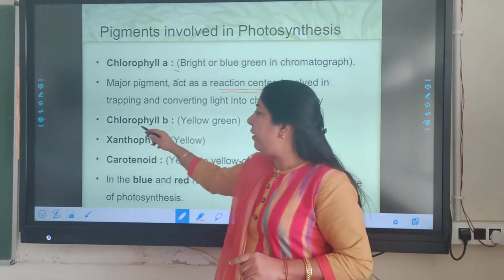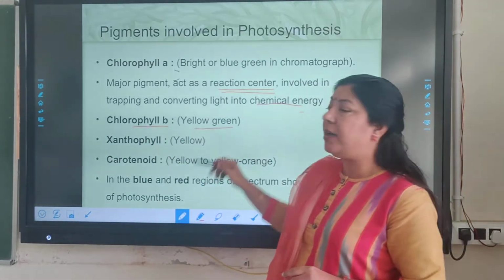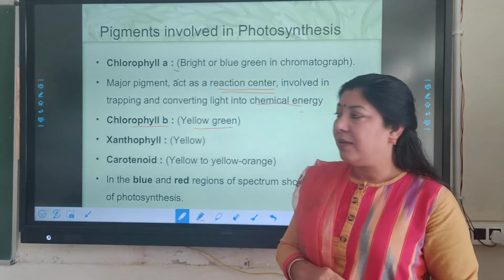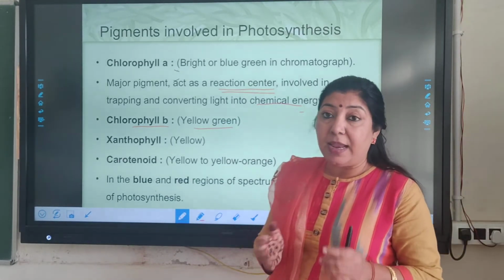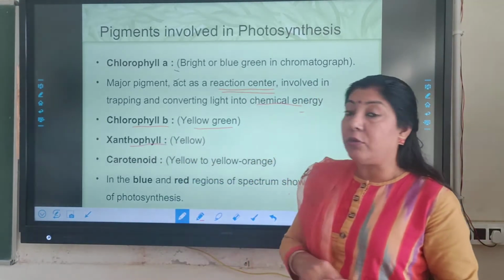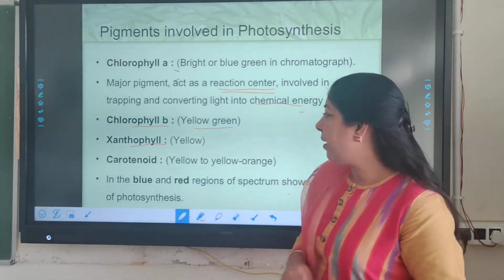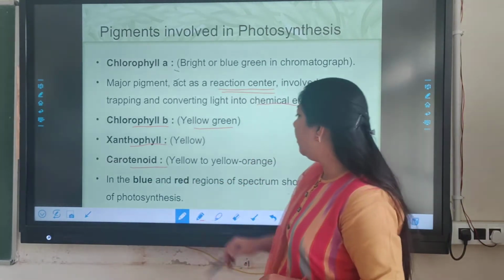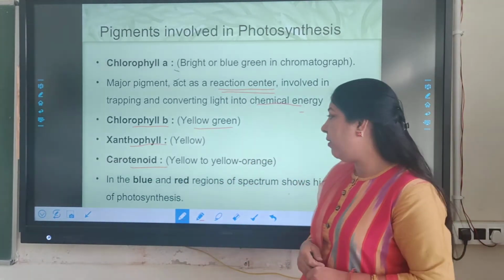Then we have chlorophyll B, which is yellowish green in color, which acts as an antenna pigment. Likewise, xanthophyll, which is yellow in color, and carotenoids, which are orange in color.